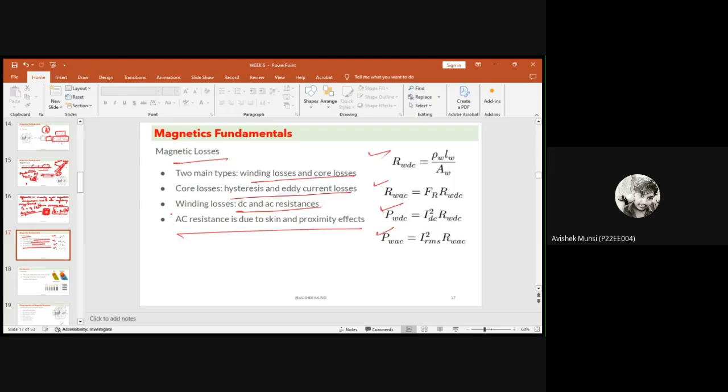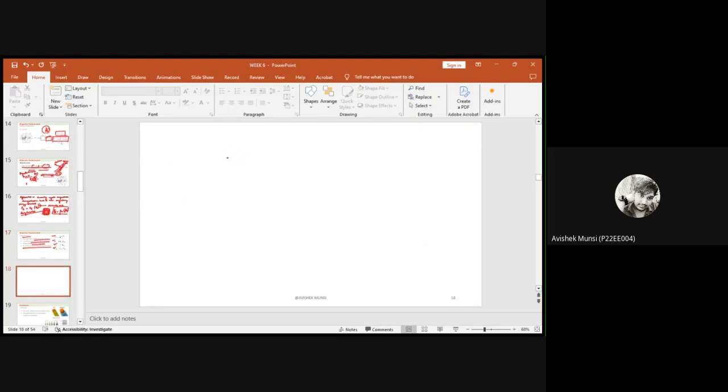So what are the losses we conclude? One is the core loss. Another one is the DC resistance loss. Another one is the AC resistance loss. So DC resistance loss, how can it be calculated?